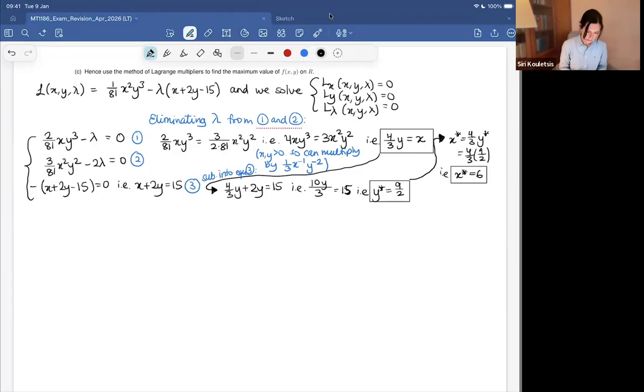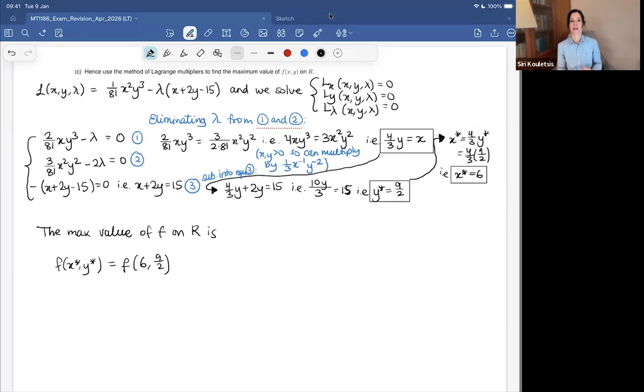So now then, in order to answer the question, the maximum value of F on the region R is given simply by evaluating F at the stationary point, which we already know is a maximum.